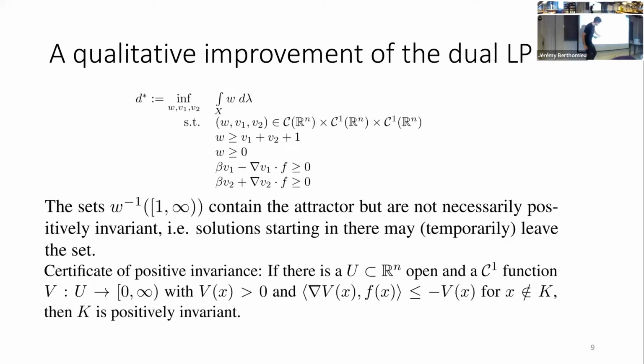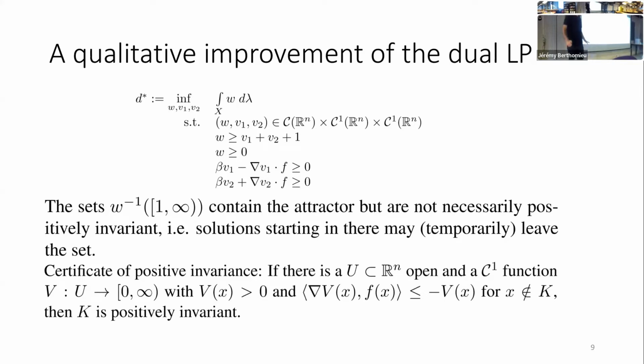And it satisfies this gradient condition here, which basically says that the function B decays along solutions of the differential equation. So if you want, you can interpret the function B as energy in some sense. And finally, we call it a Lyapunov function for a certain set K, if K is exactly the zero level set of this function B.